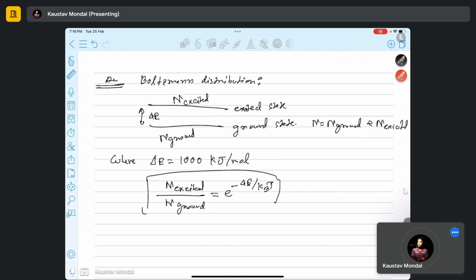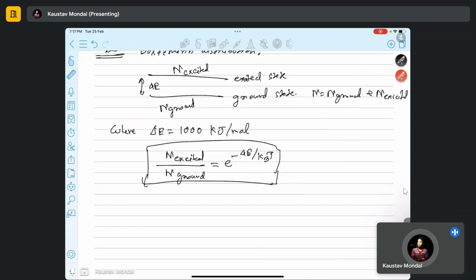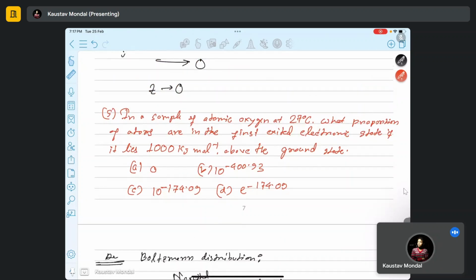So this is it. Now if you want to calculate this, delta E we already know is 1000 kilojoule, and kB we already know, 8.314, and T is here. In the problem itself, T is 27°C, right?